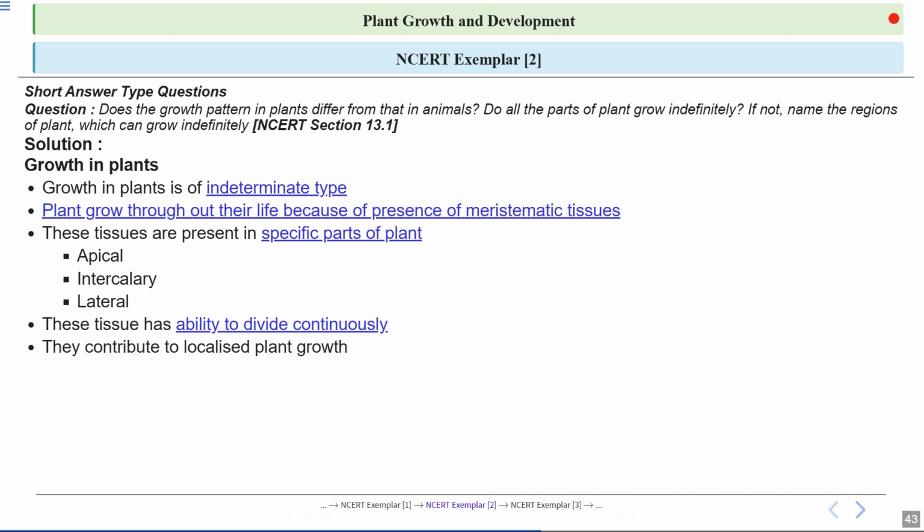Now they contribute to localized plant growth. The plant growth is localized here. It's not like everywhere. It means you can see plant growth at the apex of the plant, at the intercalary region and the lateral region.